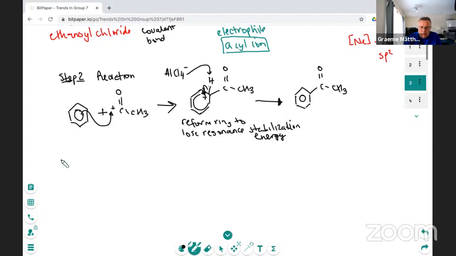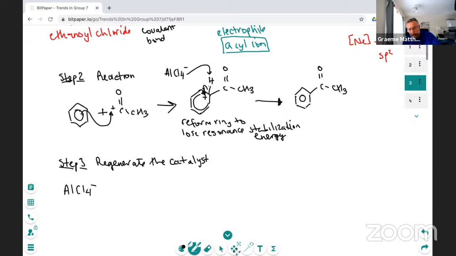And so in step 3, what you need to do is regenerate the catalyst. Okay, and I'm going to regenerate the catalyst by saying this. Well, here is my AlCl4 ion floating around.